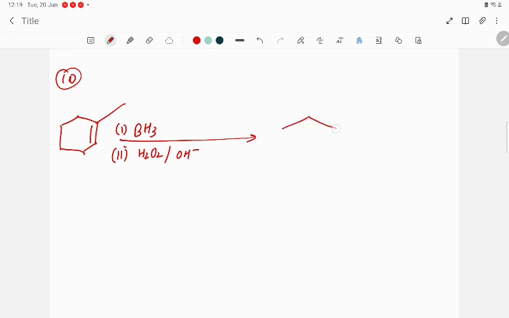So what is going to happen, dear student? Where will the OH group be added according to anti-Markovnikov? This position has less hydrogen and this position has more hydrogen. So the OH group will be added here, student.